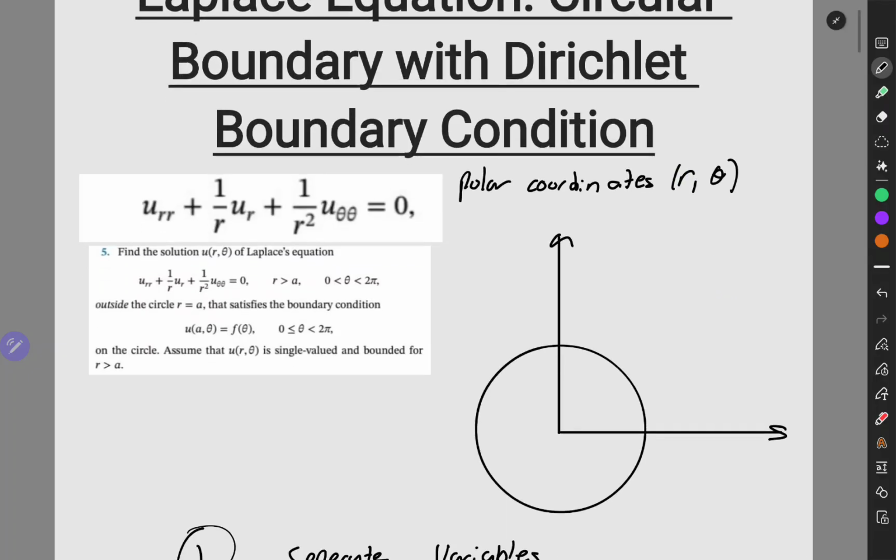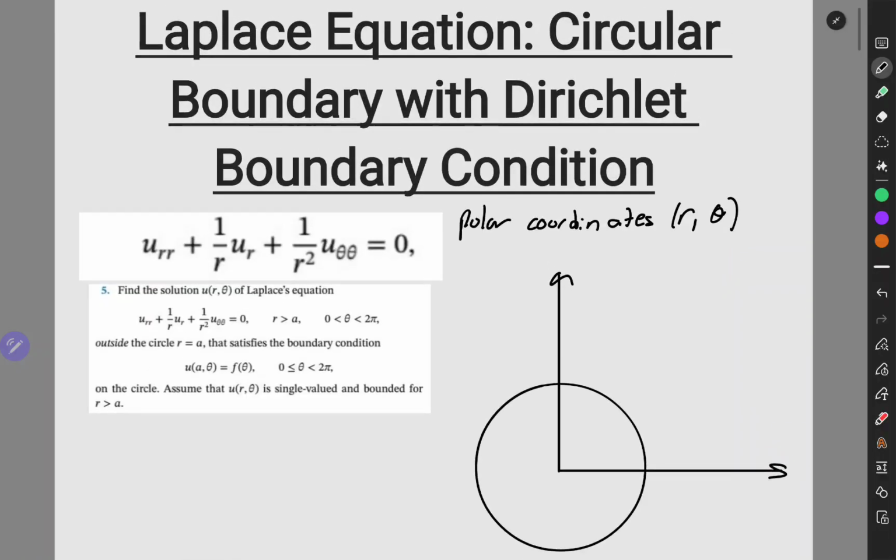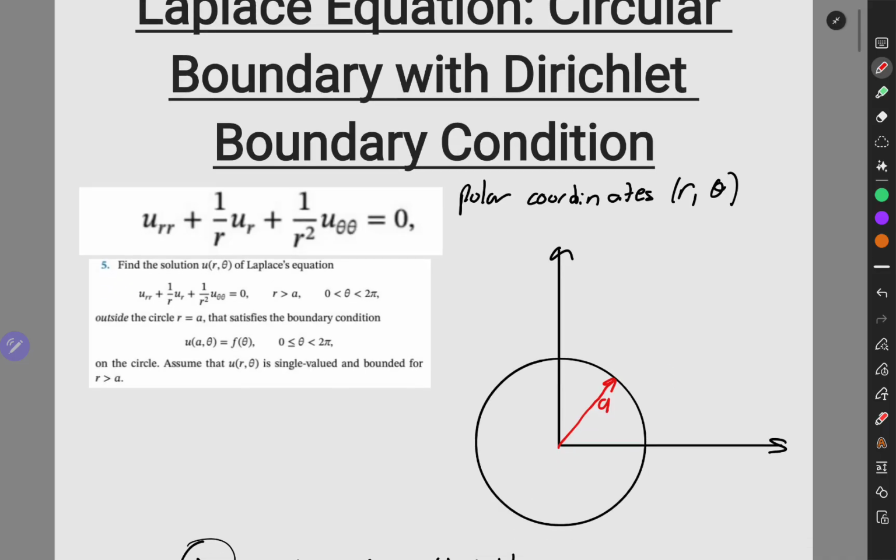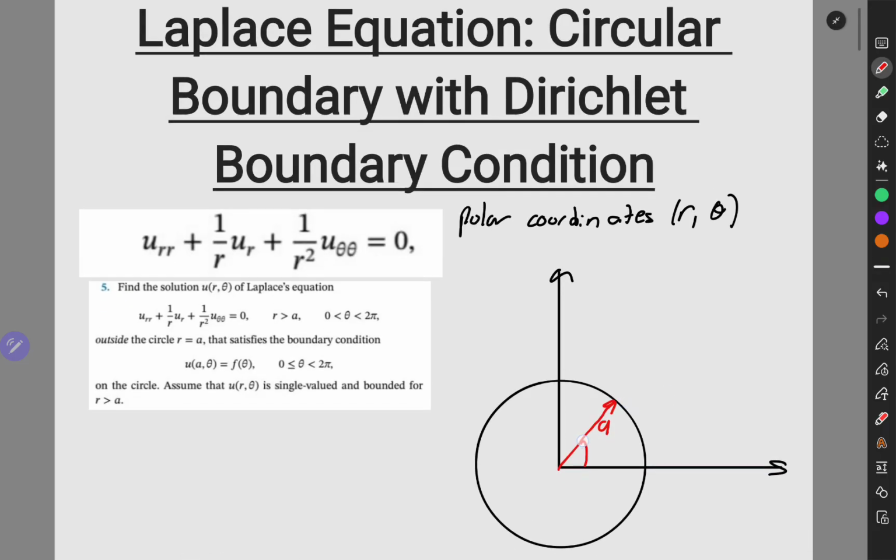It wants us to find the solution u of r, theta of Laplace's equation on the outside of the circle, r equals a, the radius of the circle, when theta is between 0 and 2 pi, so it's a full circle. That means theta is periodic over 2 pi. The solution is periodic over 2 pi.